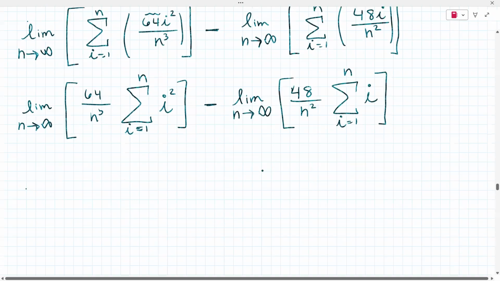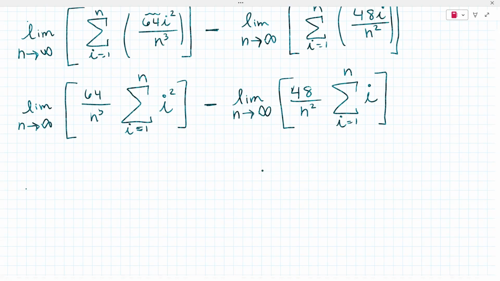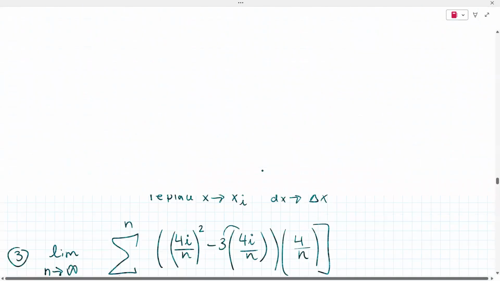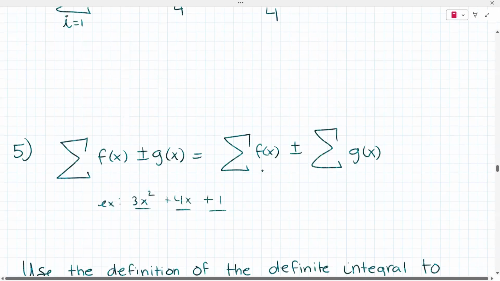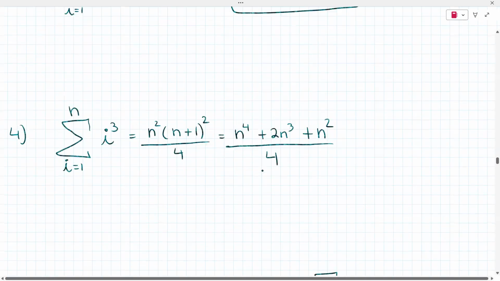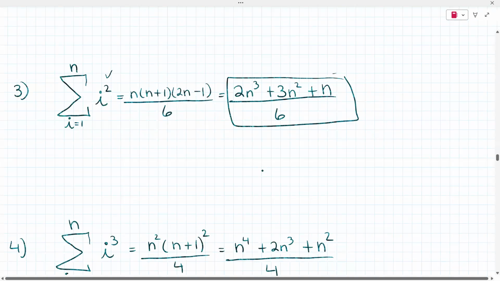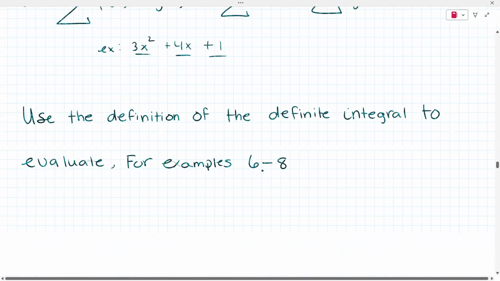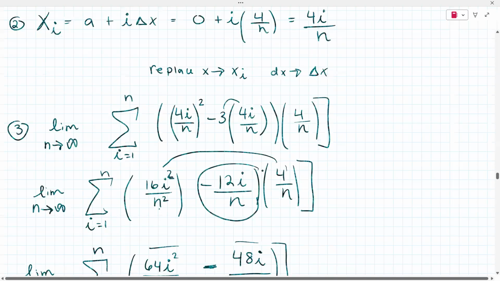Okay, and then what we're going to do is use our rules. So according to the rules, i squared is going to equal 2n cubed plus 3n squared plus n all over 6, right? So if you scroll back to your rules, i squared is going to be 2n cubed plus 3n squared plus n all over 6. So that's what you're going to do. You're going to replace that with that.